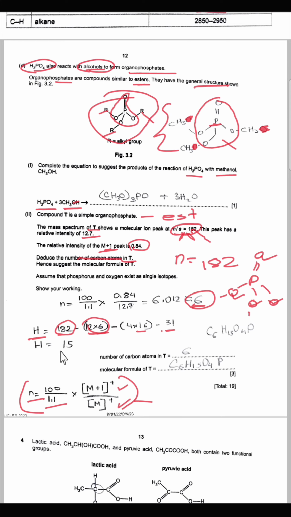After subtraction we get the value of H, that is 15. So it would be C6H15O4P. So this would be the formula of T.